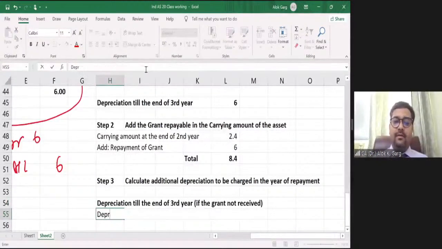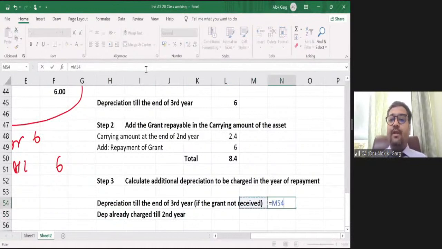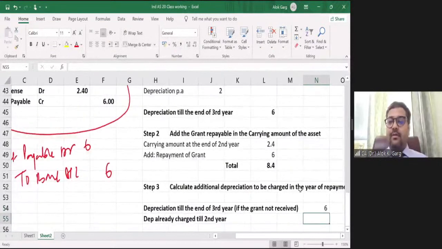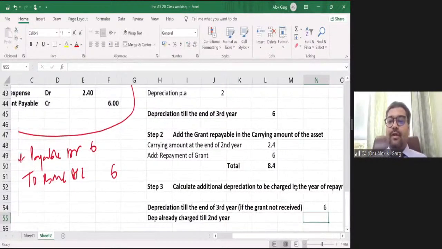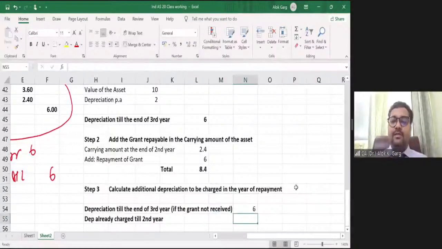Depreciation already charged till second year. Till second year, the depreciation would have been charged at 6 lakh. The depreciation already charged is how much?